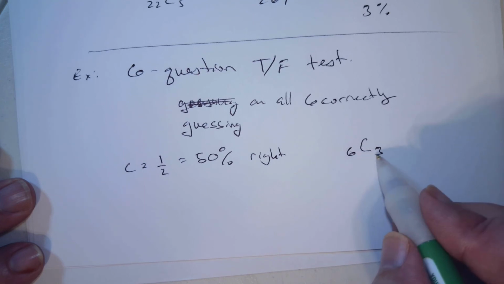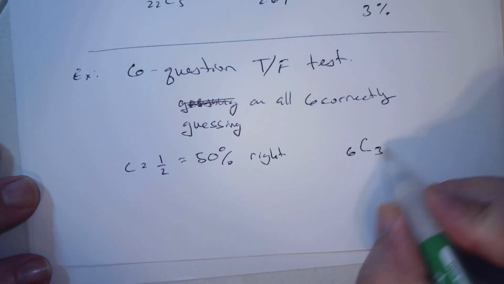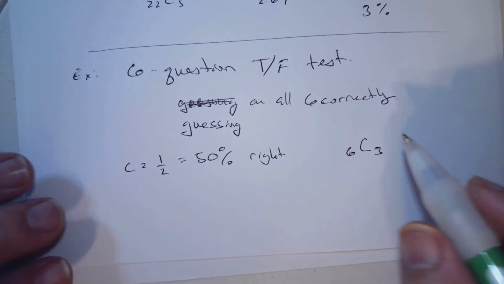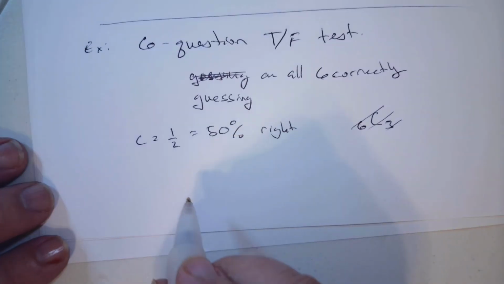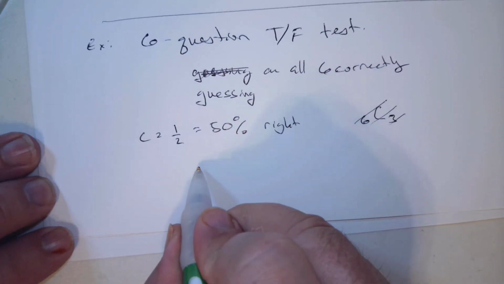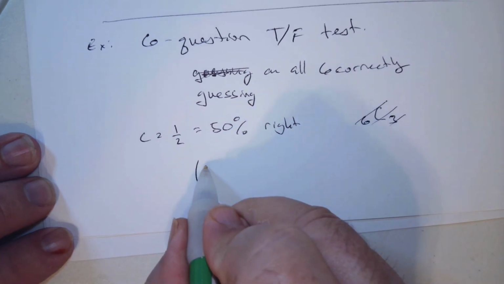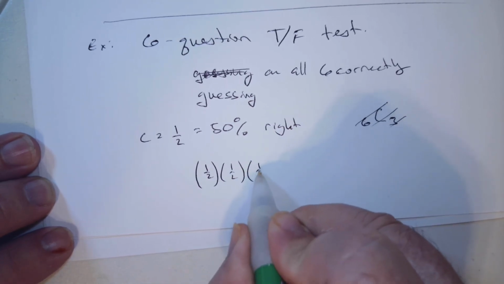Now, if we did 6 over 6, it wouldn't work. So that's not going to work, so we'll look at it this way. We have 6 questions. All of them are 1/2 of getting them correct.